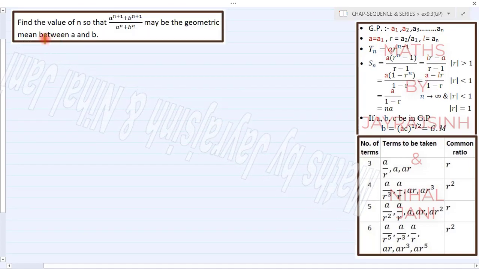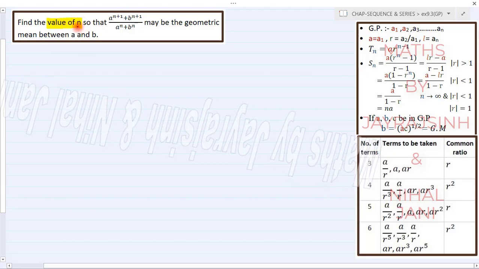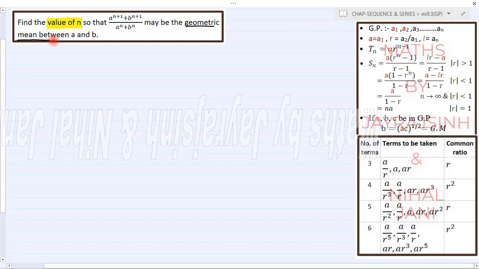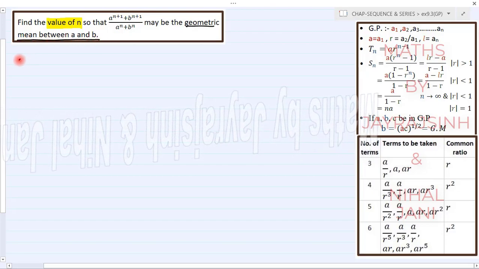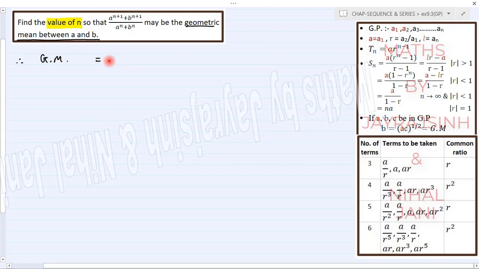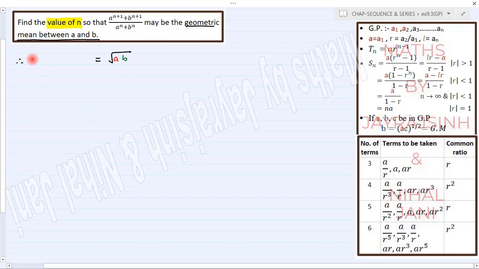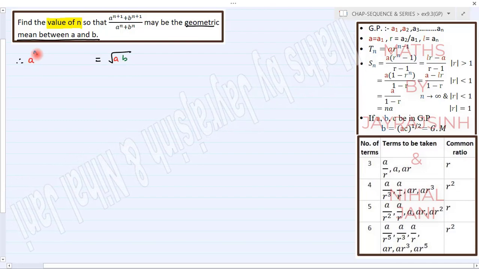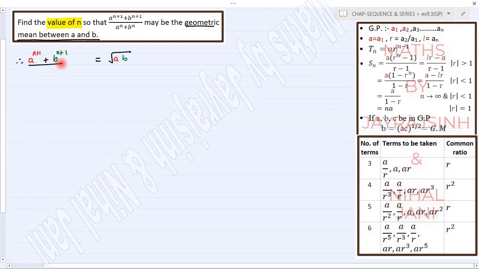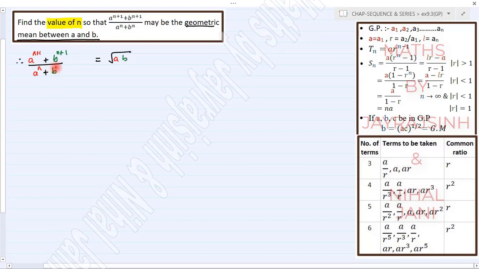Here we have one interesting question. We have to find the value of n so that this number may be the geometrical mean between a and b. We know that the geometrical mean is under root of ab, but it is given that the geometrical mean is a raised to n plus 1 plus b raised to n plus 1 upon a raised to n plus b raised to n.